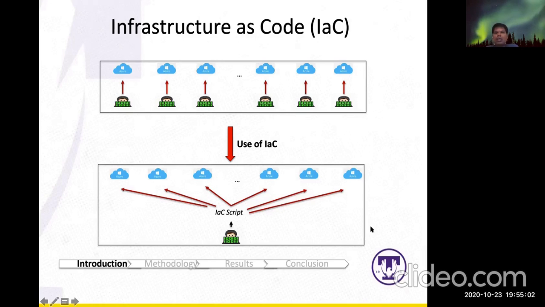This is error-prone and susceptible to introducing problems. In comes infrastructure as code, where the practitioner writes one script, executes it once, and all the infrastructure gets provisioned automatically. In this manner, the whole process becomes automated, less time-consuming, and also less error-prone.